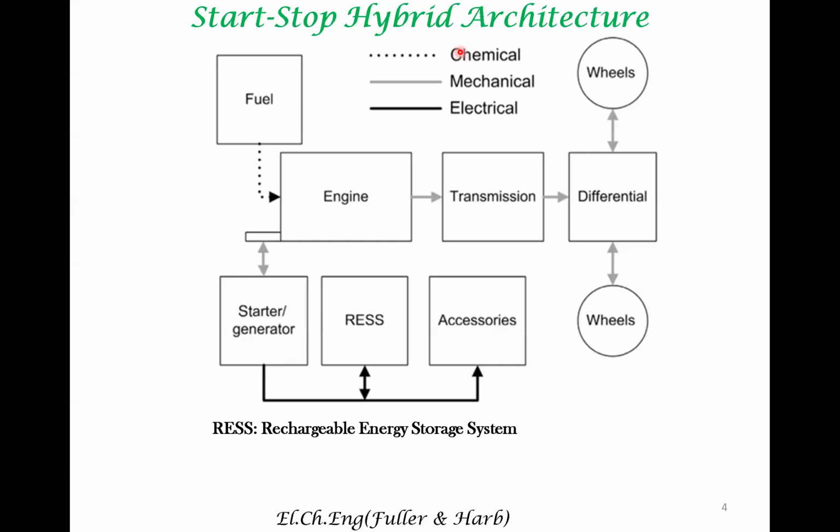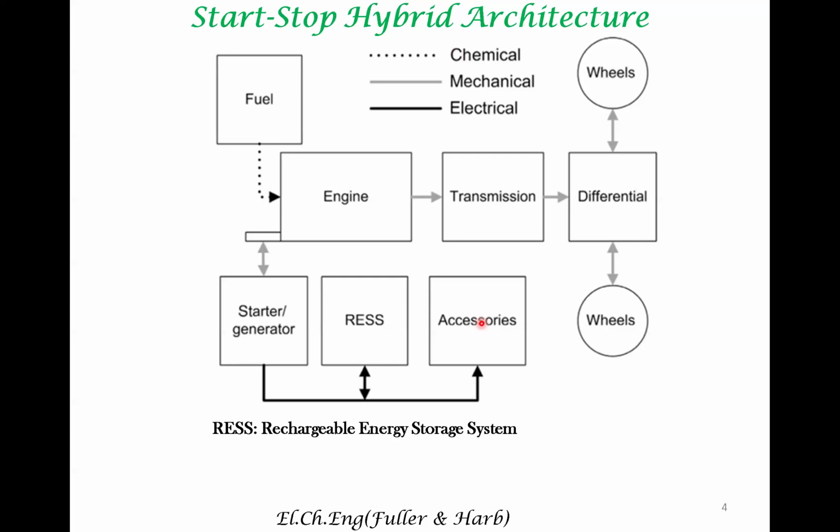So let's see the advantage of this particular architecture. Supposing the vehicle is not moving, okay, so if the vehicle is at rest, even then you may want to have some power. For example, you may want to have the air conditioning on, or you may want to have the radio in the vehicle on, or you may want to have some lights inside the car switched on.